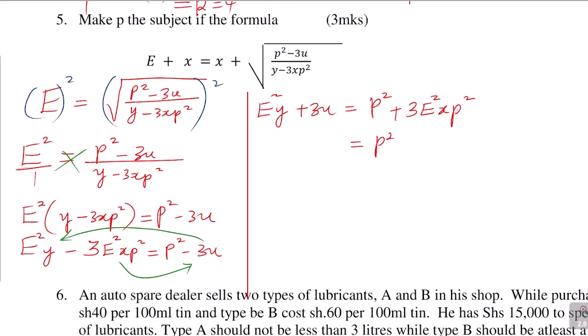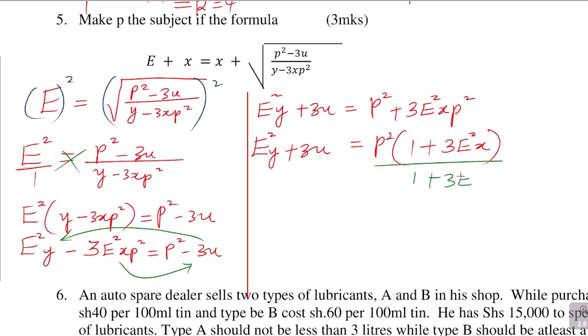You factor out from the right hand side, p squared is common, so that you have 1 plus 3e squared x, like that. Then the left hand side, you have e squared y plus 3u. So divide both sides by 1 plus 3e squared x, like that.